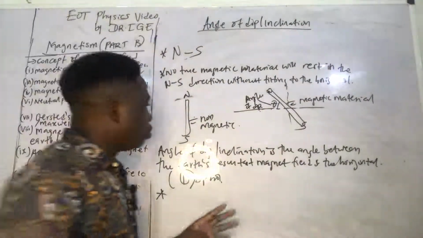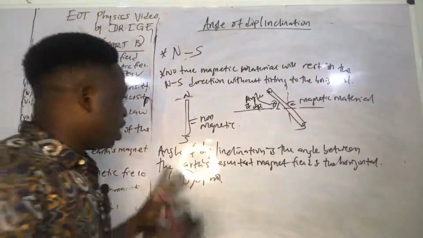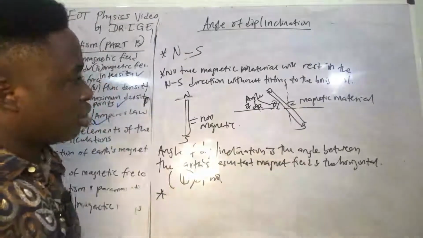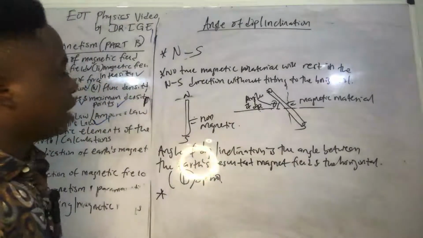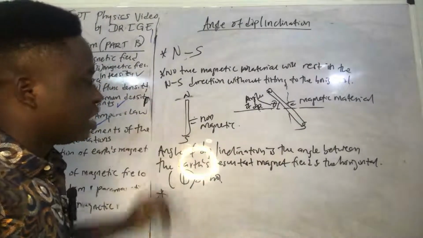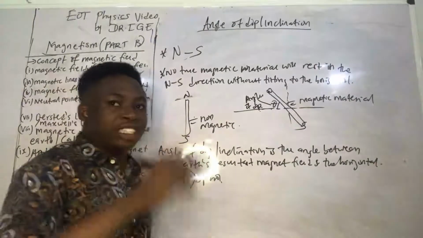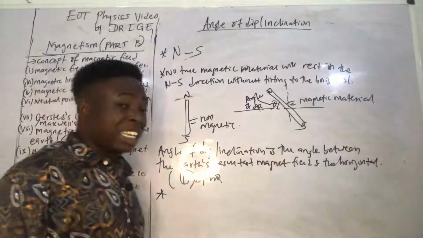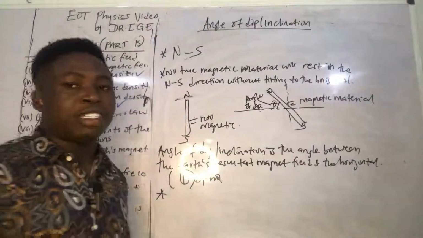Okay, all right. So the angle of dip is the angle between the Earth's magnetic field and the horizontal, you get. So what you have to know is that a true magnetic material can never be like this. So please take note, write it somewhere, that the knowledge of angle of dip is used to differentiate between a magnetic material and a non-magnetic material. Why?